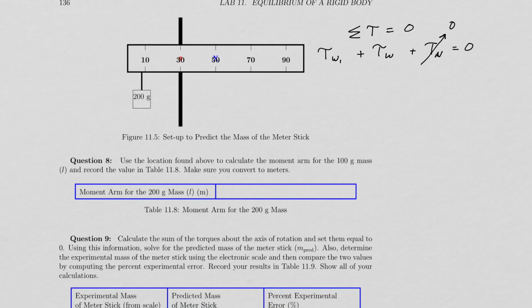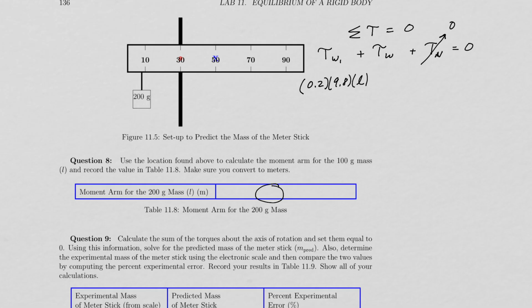Okay, what does the torque do to weight 1? Well, that's going to be the force, which is the mass times 9.8, times the moment arm, which is the L that I gave you here, right? This value right here. And that torque is positive because if that were the only force acting, it would rotate the meter stick counterclockwise.